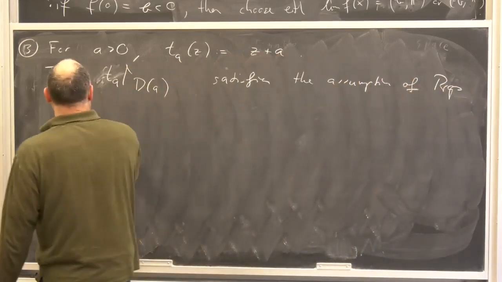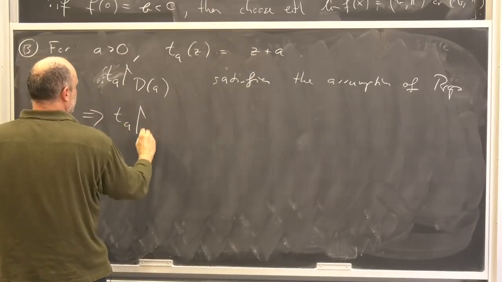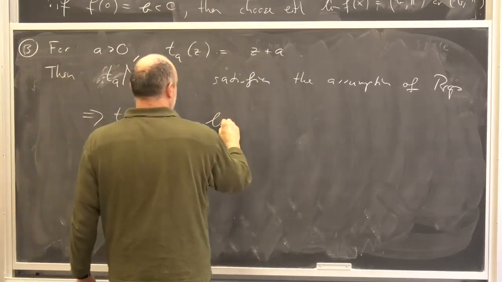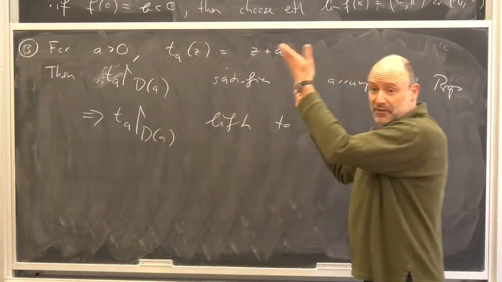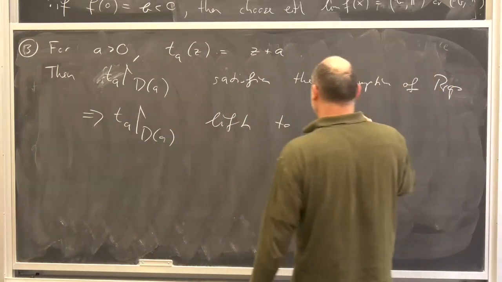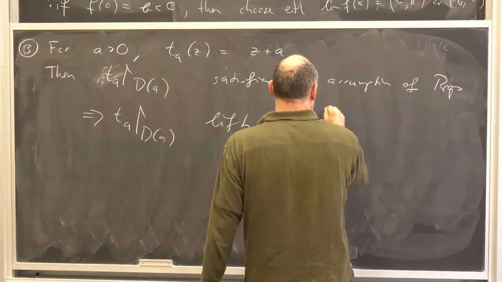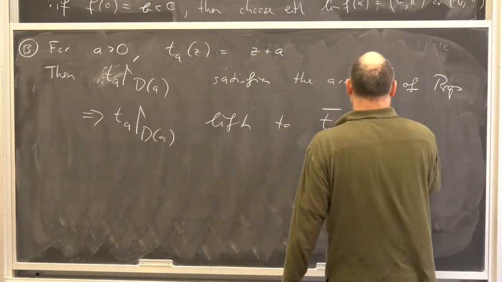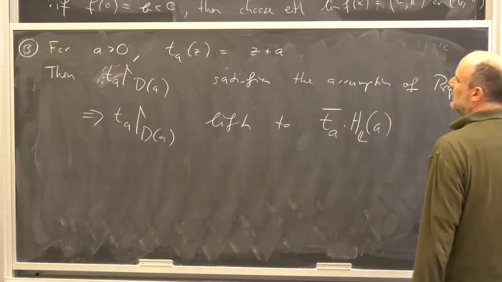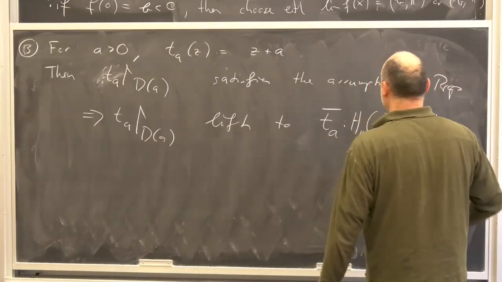So we have a lifting. A restricted to D of A lifts, because again, D of A, the pre-image is simply connected. It lifts to what I'm going to call T of A bar on the half plane to the right of A, right, into L.